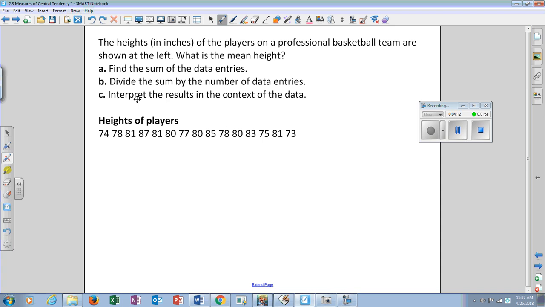All right, heights in inches of the players on a professional basketball team are shown at the left. What is the mean height? Again, we're just going to add these all up.